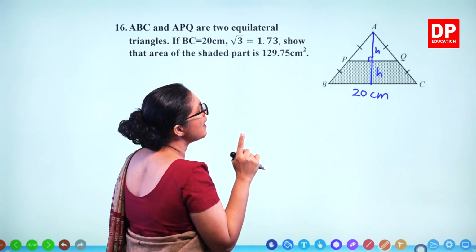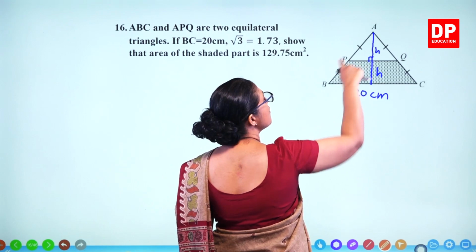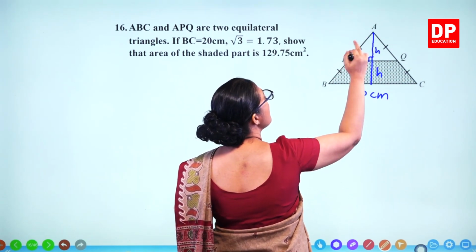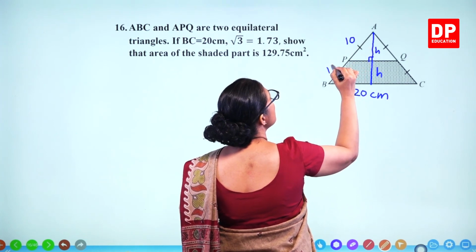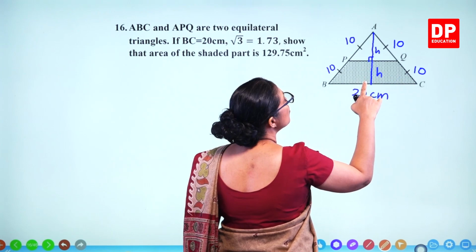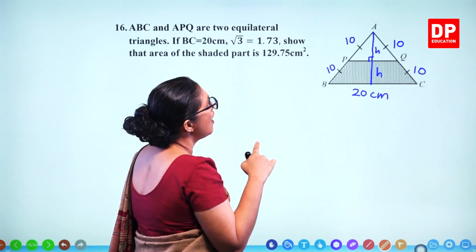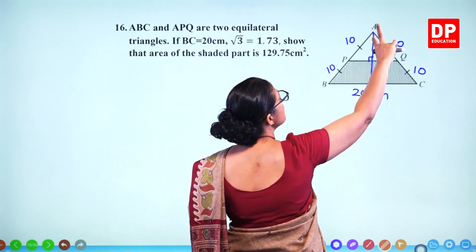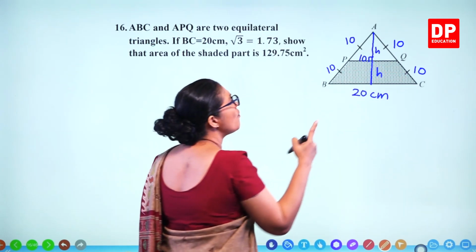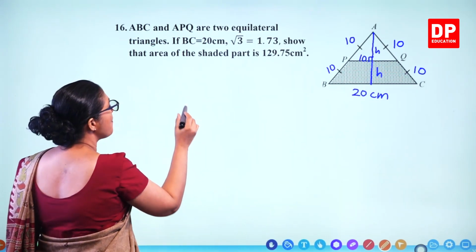So how do you find out that length? This is an equilateral triangle. So this is also 20. 20 here but divided by 2. So this is 10 and this is 10. This is also 10 and 10. So what is this side? This is also an equilateral triangle. So this length is also 10. Now we can use the trapezium area.